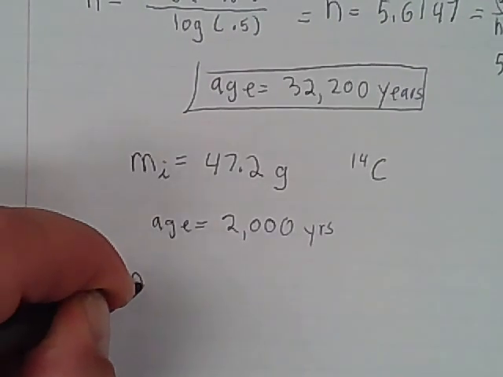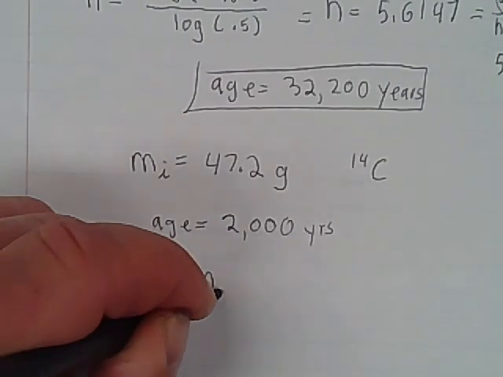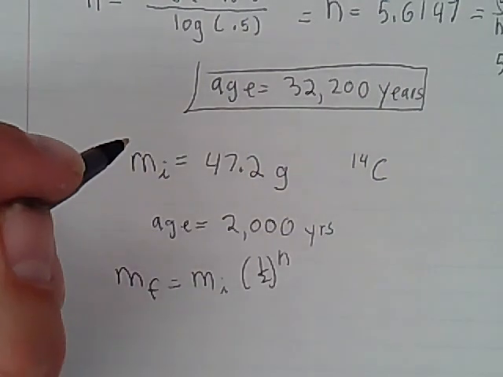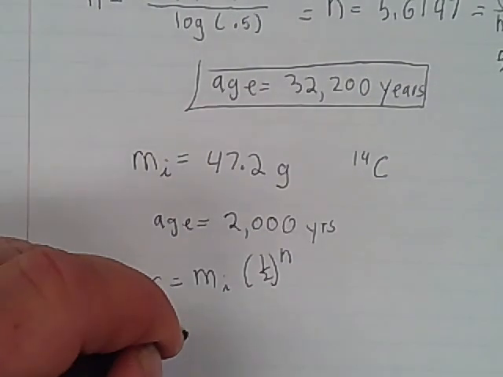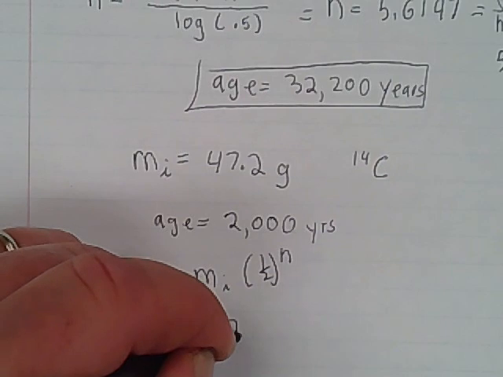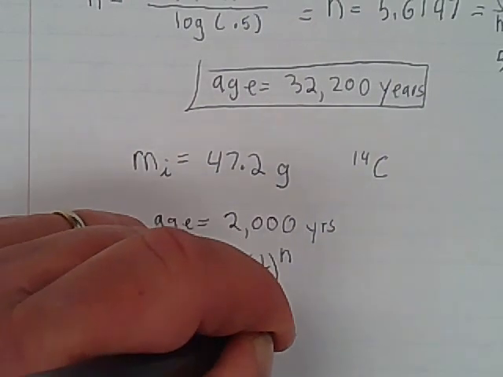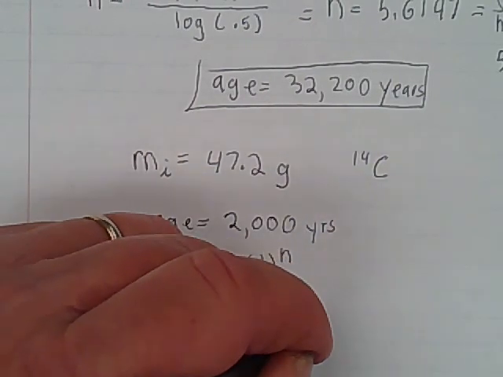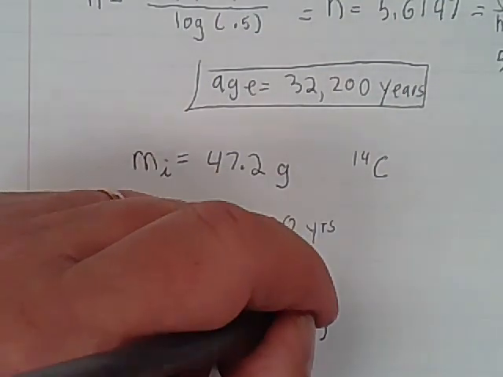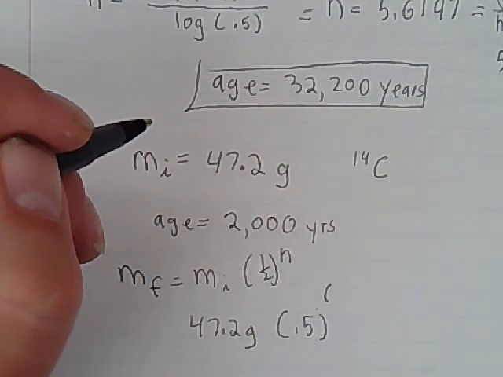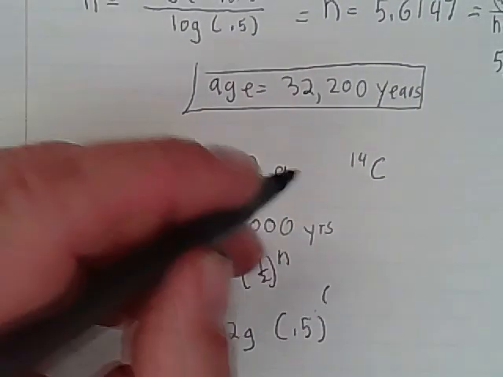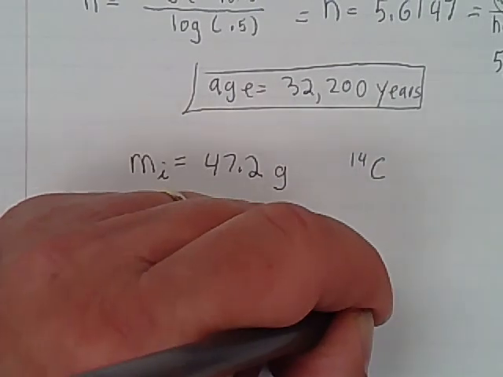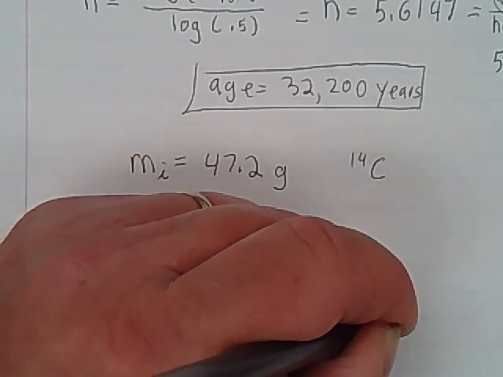Well, the formula is the final mass is equal to the initial mass times 1/2 raised to the number of half-lives. So in this case, we would say 47.2 grams times 0.5 raised to the power of, I'm putting parentheses all over the place for no reason, 2,000 divided by 5,730.